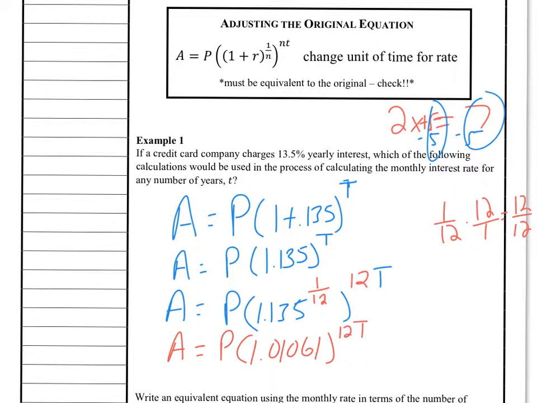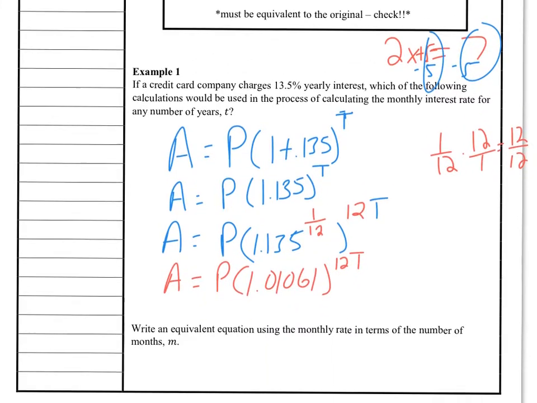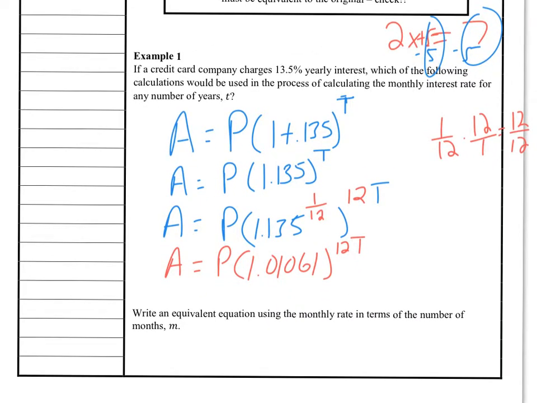So now what I have is the monthly rate, 1.01061. I don't know why I can't say that. It is the monthly rate in terms of the number of years t. So make sure you label this as the monthly rate. And we're good to go.